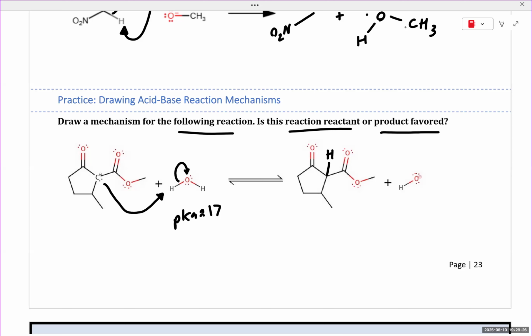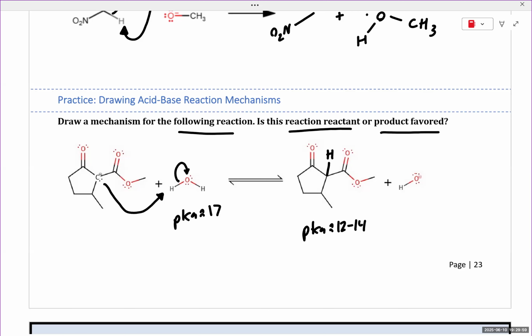This beta keto ester, this is a bit of an unusual functional group, but we'll see it a lot in Chem 113 and in the later parts of this class. The beta ketoester is much more acidic than usual and has a pKa of somewhere around 12 to 14.